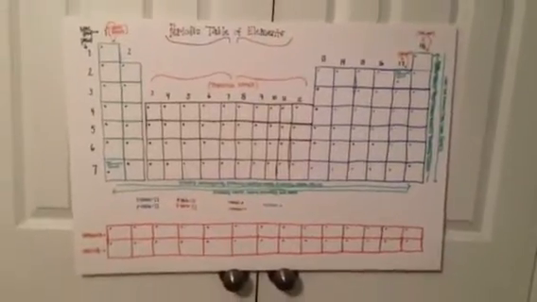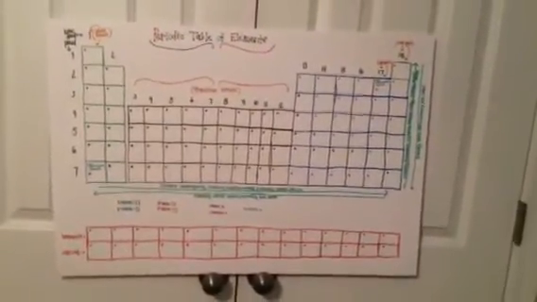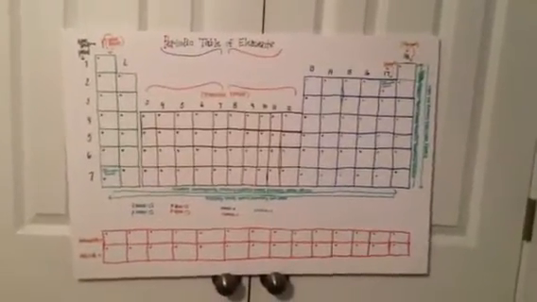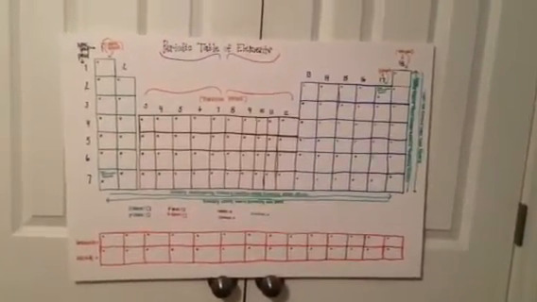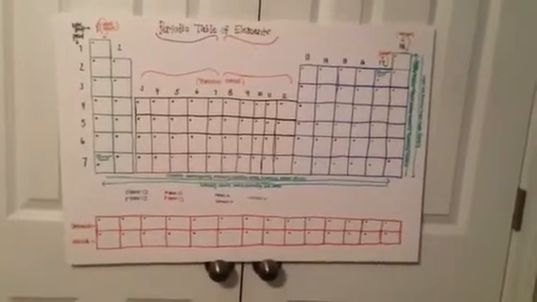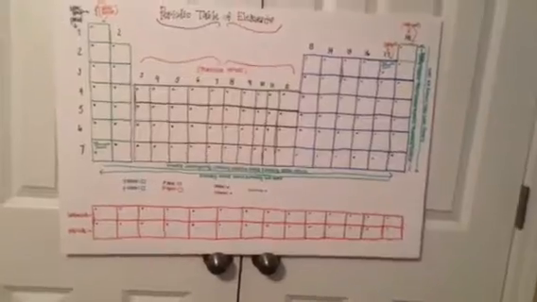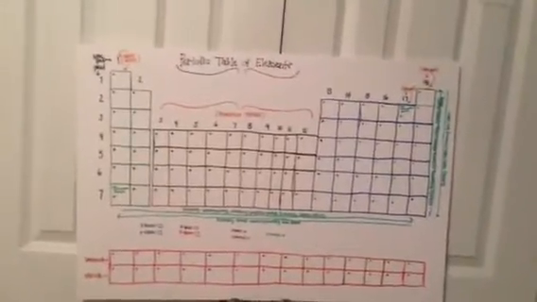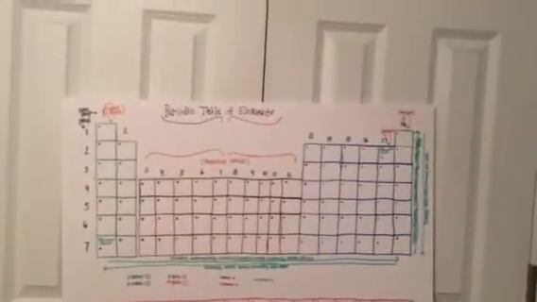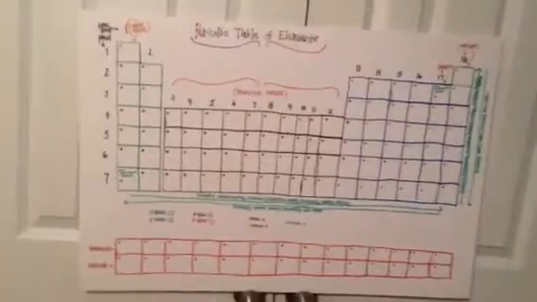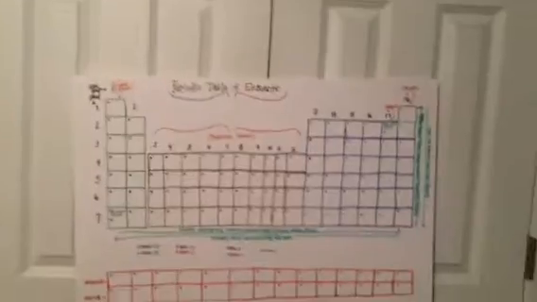The similarities and differences between the different groups, which are each separate columns, are represented by their different trends. They might both be in the same group, but they differ where they stand.